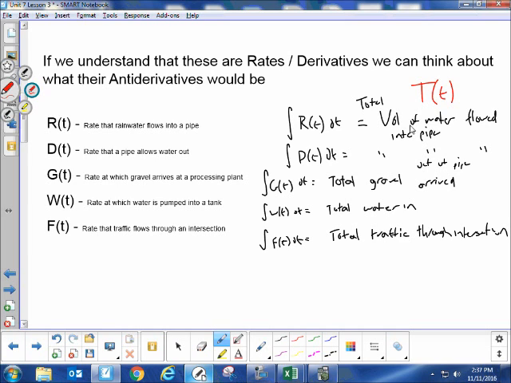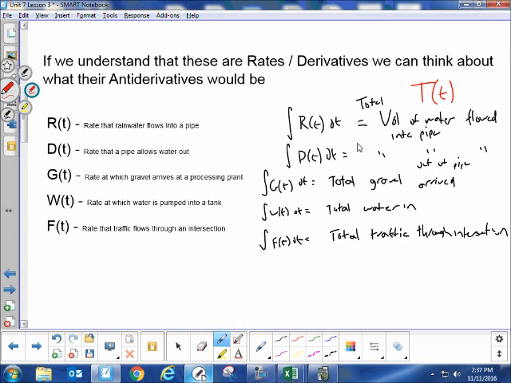So I like to use T. You can use whatever you want. But it's nice to say, okay, T of t, its derivative would be R of t. If I have the total amount of water that has flowed into the pipe at a given time, its derivative would be R of t, the rate that the water is flowing into the pipe. Okay? And you can use any variable you want.